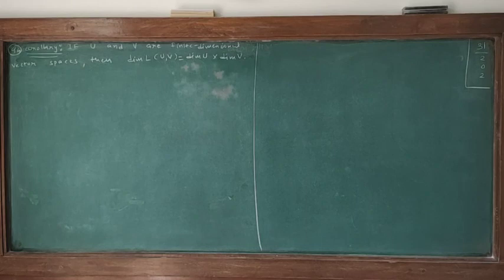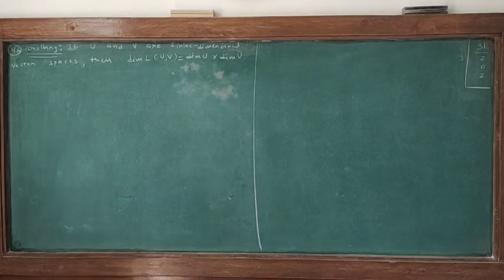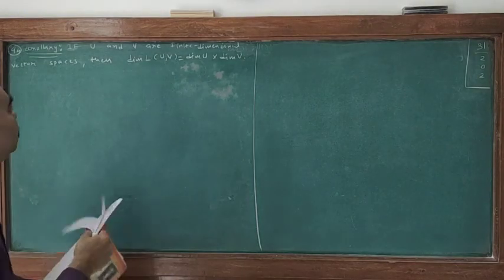There is one corollary on the board. If U and V are finite dimensional vector spaces, then dimension of L(U,V) is dimension of U into dimension of V. Proof.